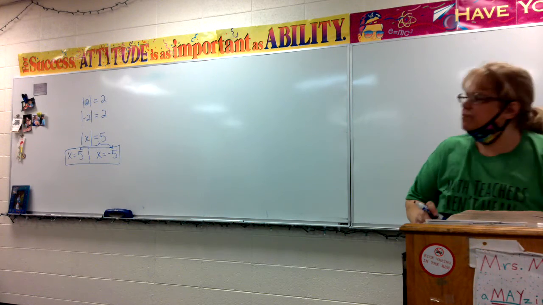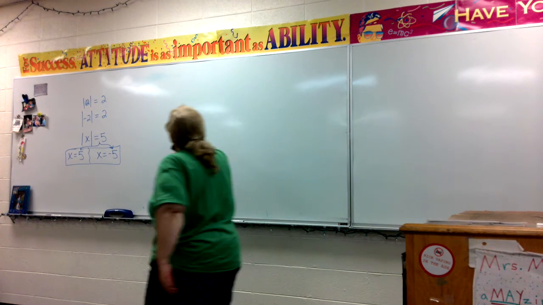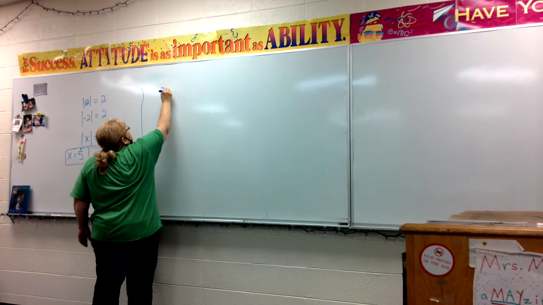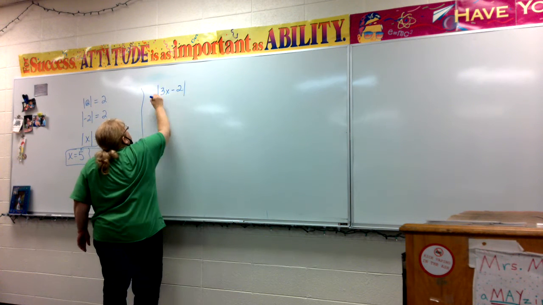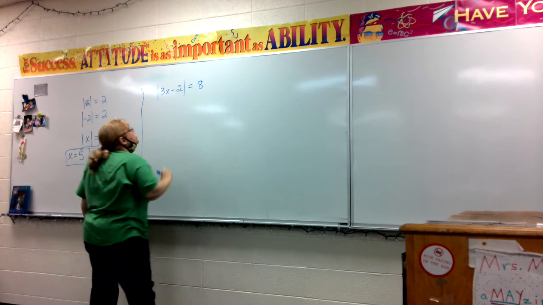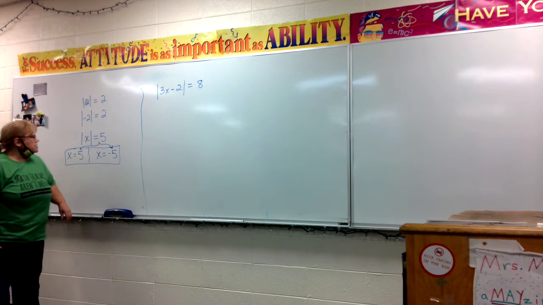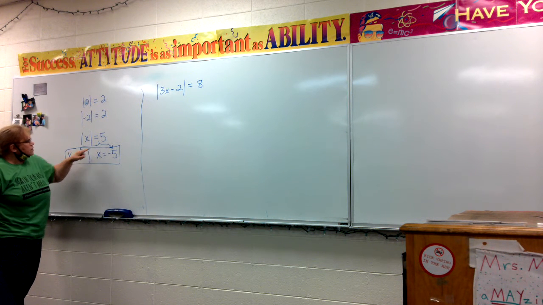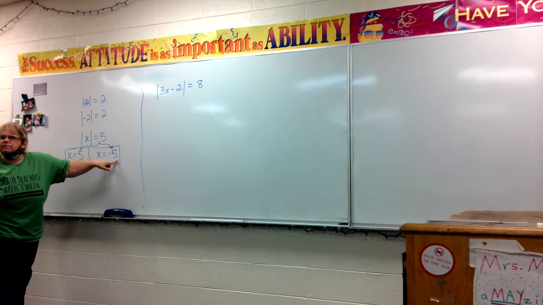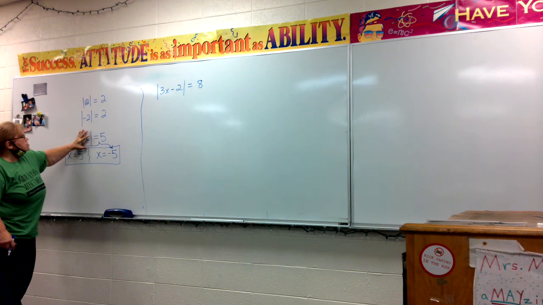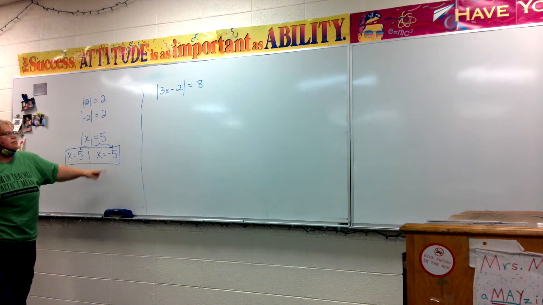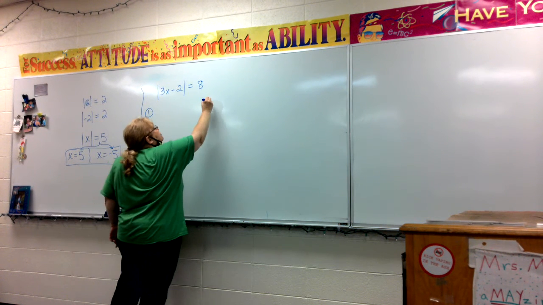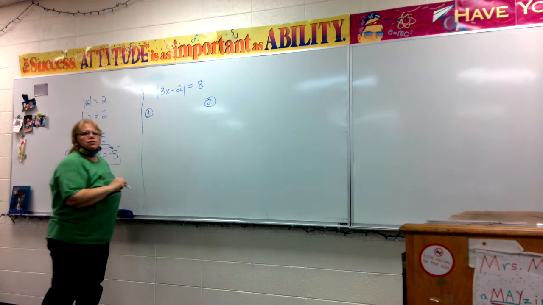So if I have something like the absolute value of 3x minus 2 equals 8, you're actually going to have 2 cases, 2 solutions.